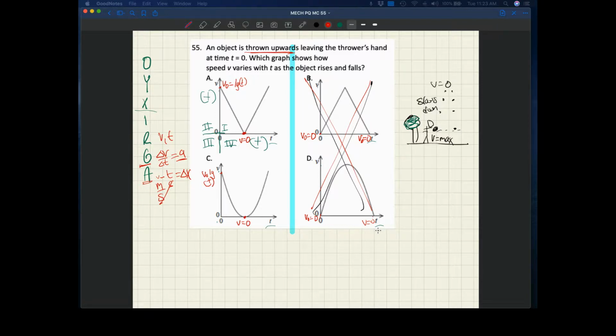Okay? So now what we see for both A and C is that the velocity decreases to 0 and then increases again. The difference between these two has to do with whether or not the function is straight lines in choice A, or whether it's curved. And so what's happening there is a change to the slope, which is the acceleration.